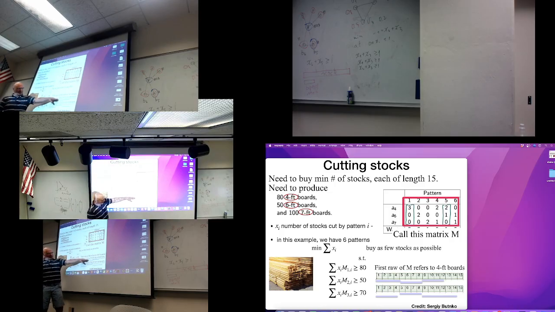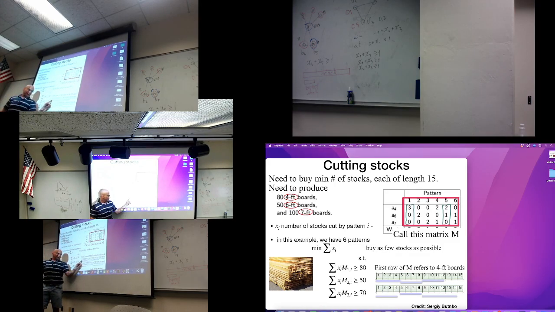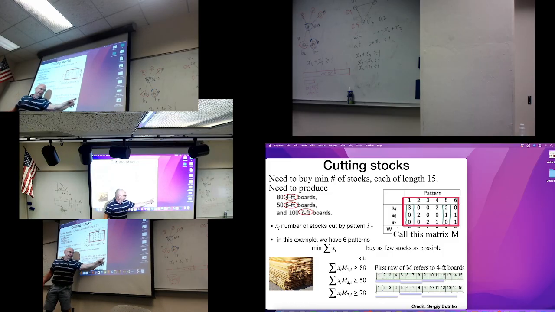So let's see how I can cut it so that each piece is either 4 or 6 or 7. Option 1, cut it into one piece of 4, another piece of 4, another piece of 4, and now I have a leftover of 3 feet of stock that is not useful for these purposes. I cannot squeeze another piece of 4 out of it.